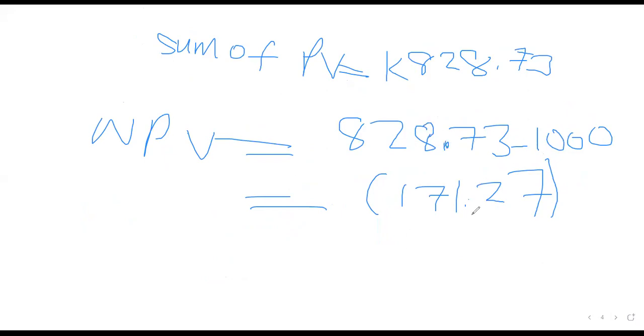828.73 minus 1,000, so we are getting 171.27. So it's going to give us a negative, right? Yes, that's given us a negative value. So my question is, is this negative the correct answer?